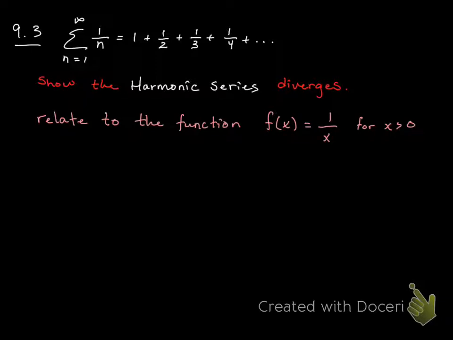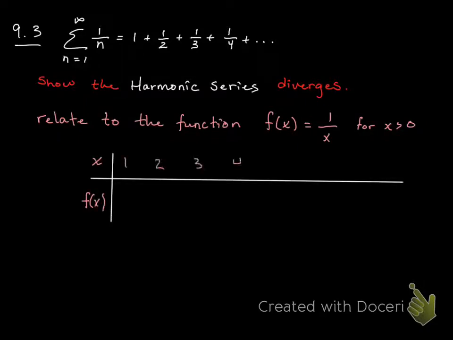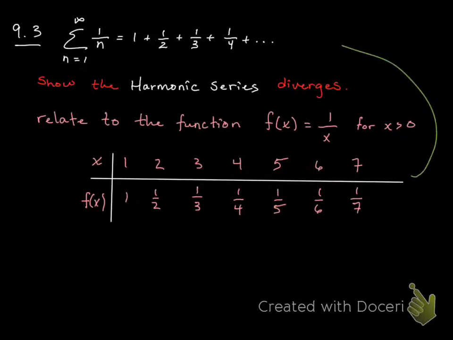Let's plot a couple points. Let's put a table of values here. If I set up a table for x and f of x, where x is 1, 2, let's go all the way through 7 here, then the function value is just 1 over the x value. And of course, the series is just the sum of those, right? It's the sum of each of these added together.